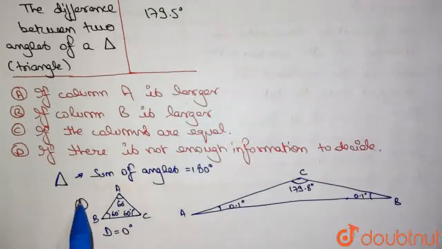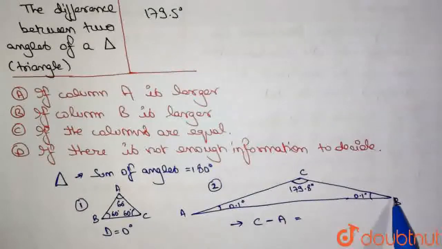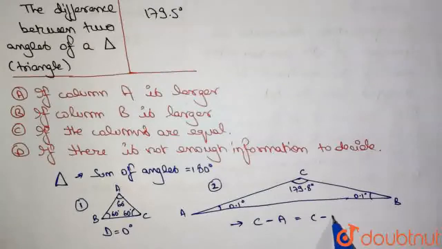The first case told me that option B can be a possibility, and the second case, because we have to look at the other side of the case also, states that these two angles are extremely small, 0.1 and 0.1, and this is 179.8 degrees. This is absolutely going to be a triangle, no doubt in that, because the sum is 180 degrees and it is made up of three sides. But the difference between any two angles, if I check angle C minus angle A, which is the same as angle C minus angle B, because angle A and angle B are the same.